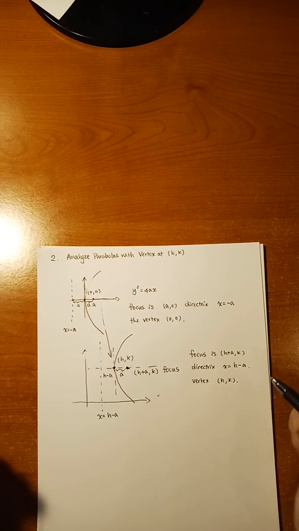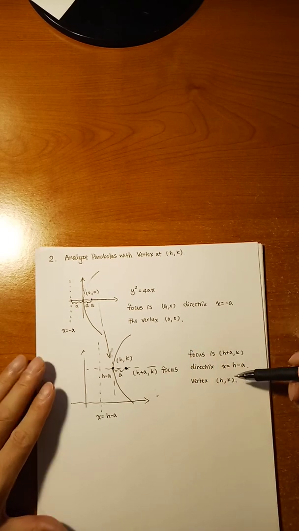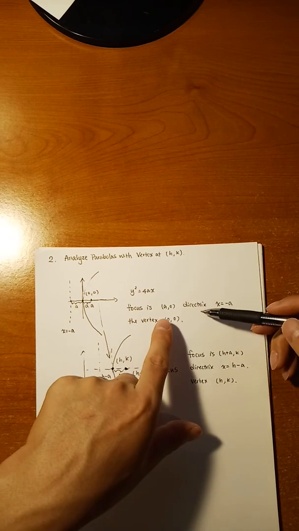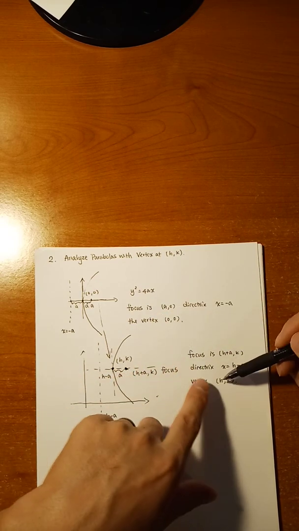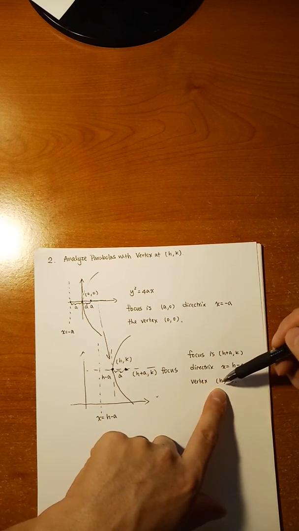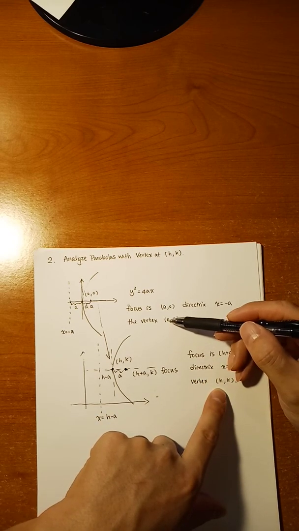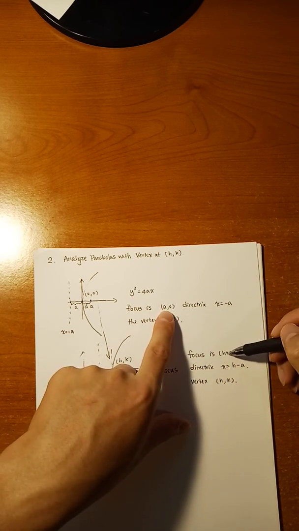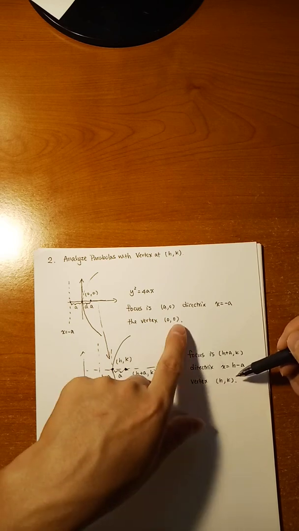And then the vertex: we move the vertex to (h, k). So how do we get them? You move the vertex to (h, k), then for whatever place you have x, you put x plus h. The x coordinate changes from 0 to h, it's like you add h. So for a, you add h and get h plus a.